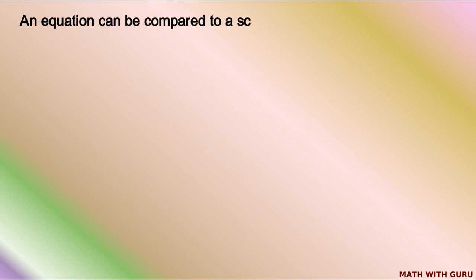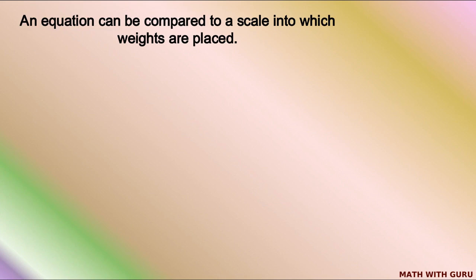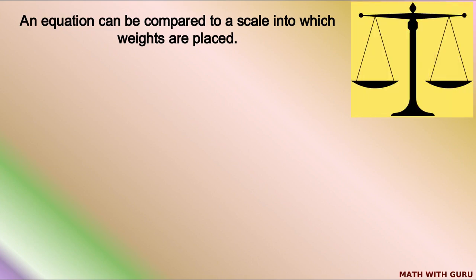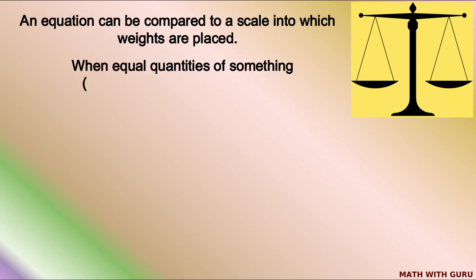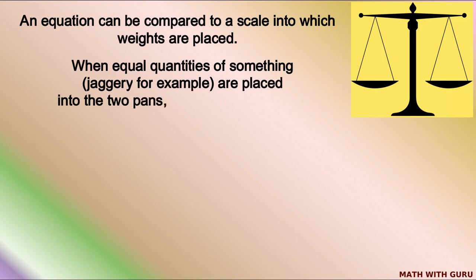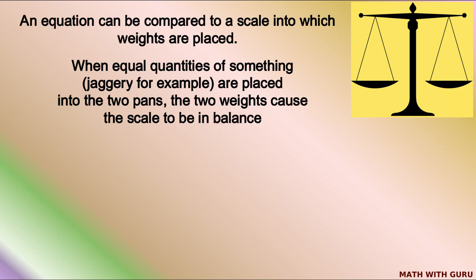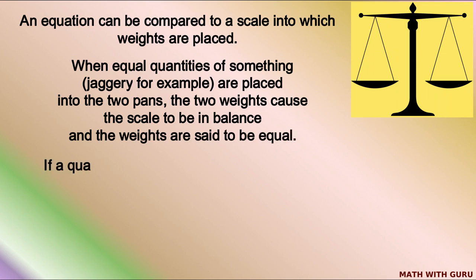An equation can be compared to a scale into which weights are placed. When equal quantities of something, jaggery for example, are placed into the two pans, the two weights cause the scale to be in balance and the weights are said to be equal.